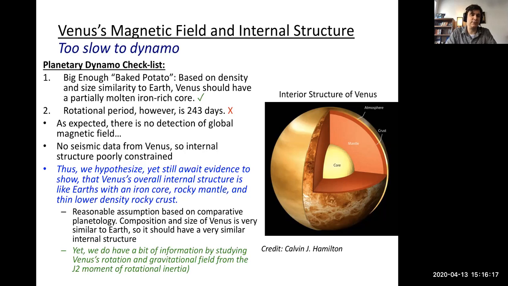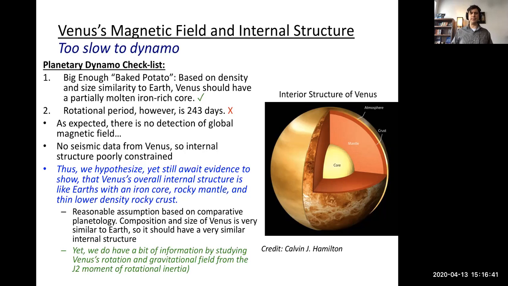So we can reason it out based on what's called comparative planetology, that Venus's internal structure should be very much like Earth. It should have an iron core, a rocky mantle, and a low-density rocky crust, probably of roughly the same thicknesses, maybe a little bit of a thicker crust since it doesn't have plate tectonics. But that is about all we can say about Venus's interior for the moment.